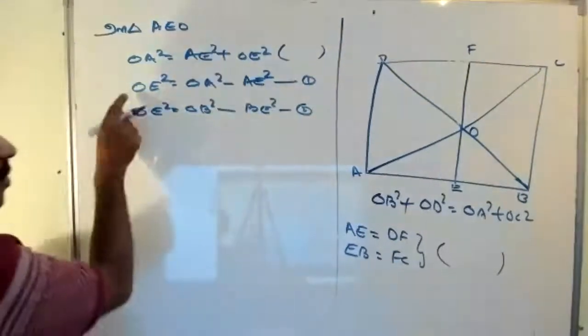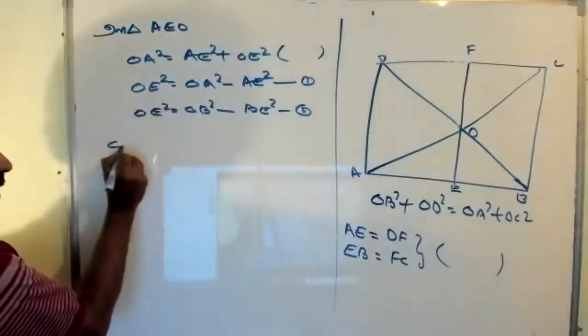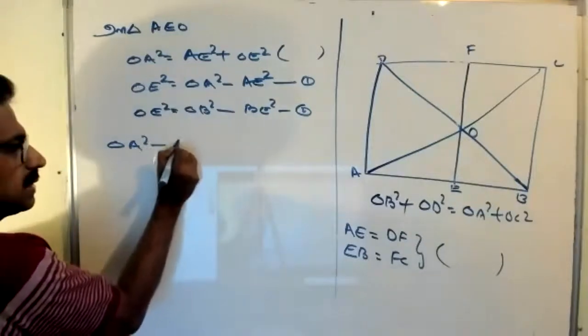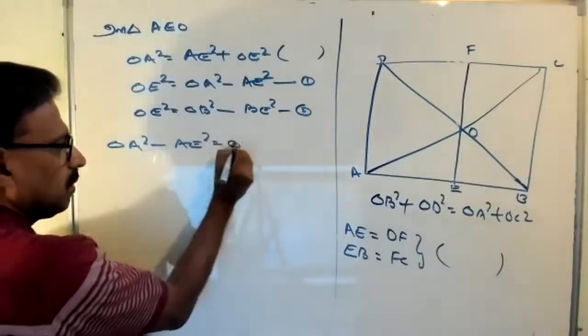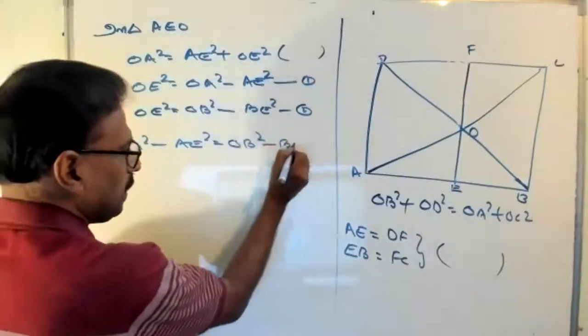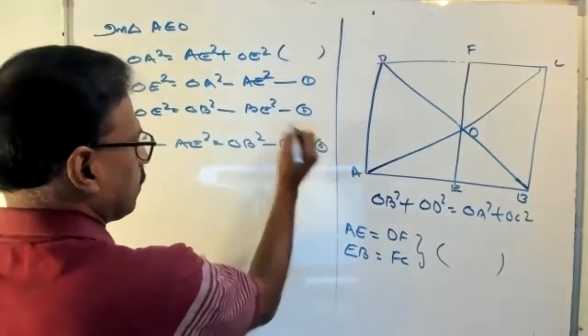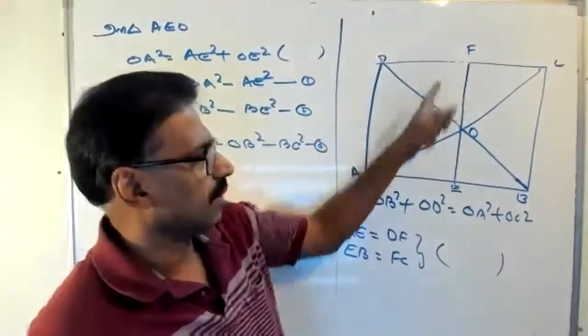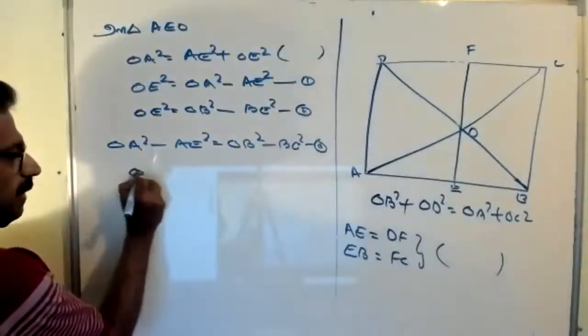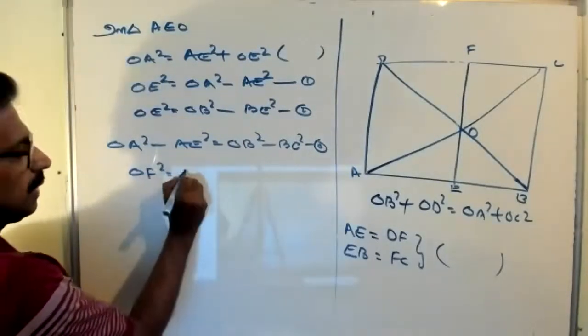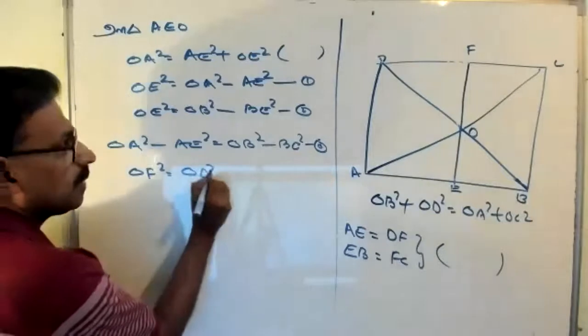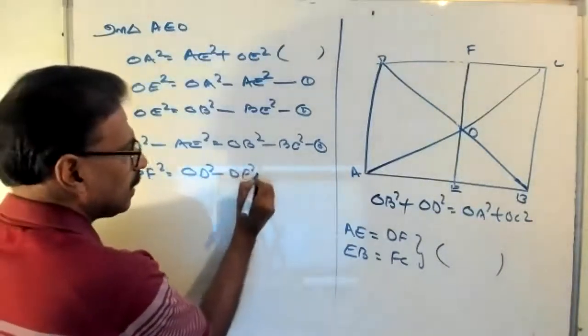From 1 and 2, OA square minus AE square equal to OB square minus BE square. Number 3. Now this triangle, OF square equal to OD square minus DF square. Number 4.